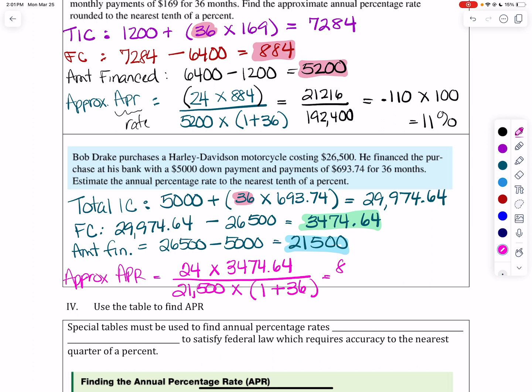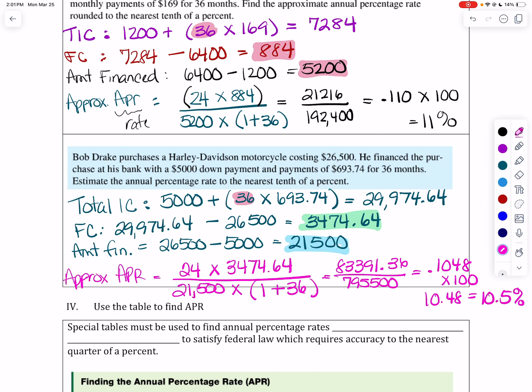So I get 83,391.36 divided by 795,500, which equals 0.1048. And I usually say take it out 4 places so that when you multiply by 100, you will get 10.48, which we will round to 1 decimal place, and that will be 10.5%.